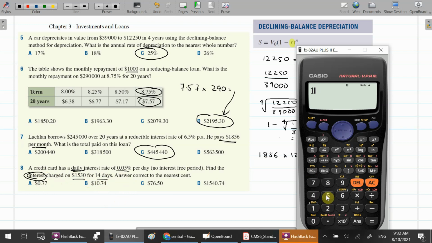Compound interest formula. We've got 1 plus the rate, 0.05%. Close the bracket. How many days? That's for 1 day, so we need it for 14 days.